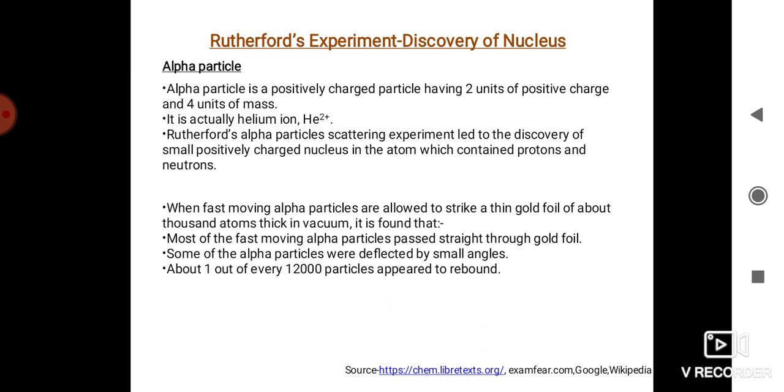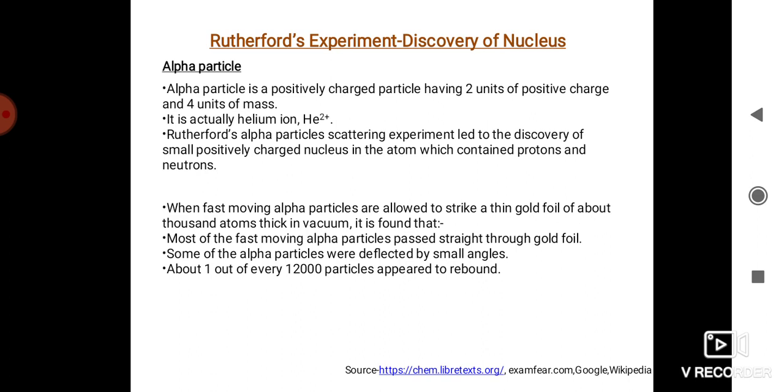After that, he observed some points, and based on those observations, he concluded that the center part of an atom consists of a nucleus. So this is the summary of this video. Now we will discuss it in detail.